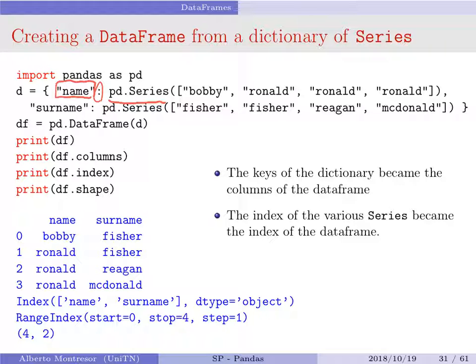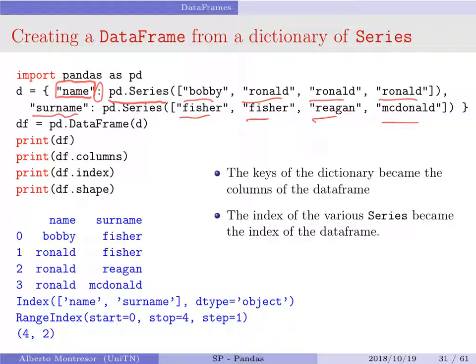But if you want to do it manually, this is the way to go. The idea is that I have a series with names. These probably are a collection of people: Ronald Reagan, but also Bobby Fischer, etc., and Ronald McDonald. So this is a series where you have Bobby, Ronald, Ronald, Ronald. Then there is another series with the key surname, and a series of data which is Fischer, Fischer, Reagan, McDonald.